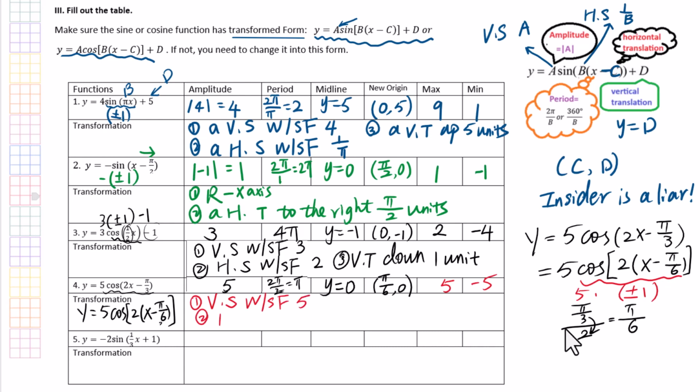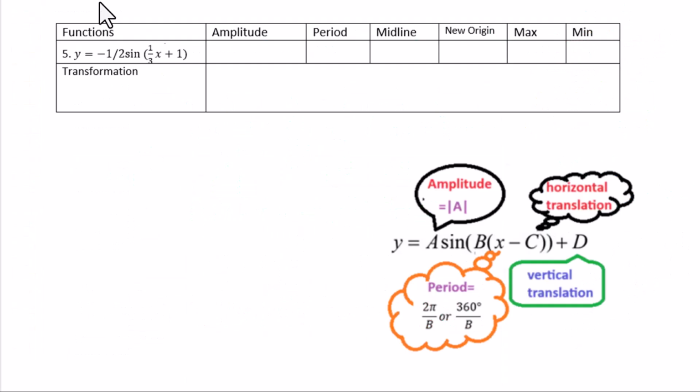Second step, horizontal stretch with a scale factor of 1 over 2. Third step, a horizontal translation to the right, pi over 6 units. Let's go to question 5.